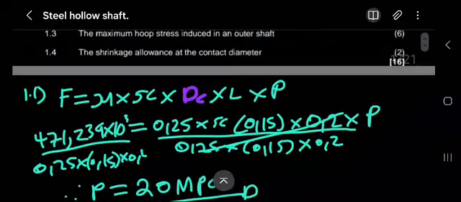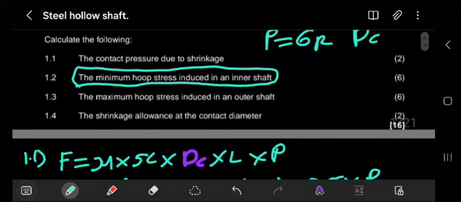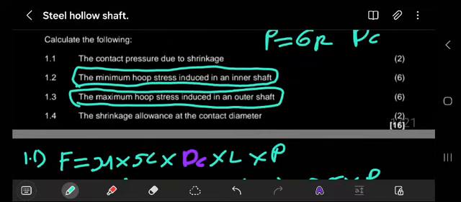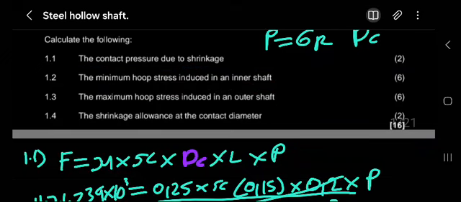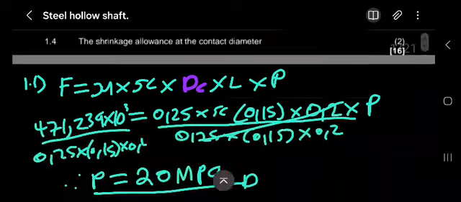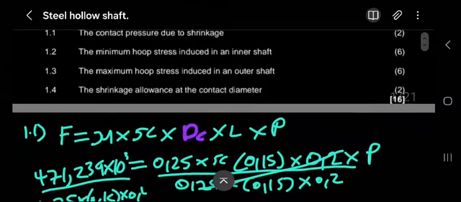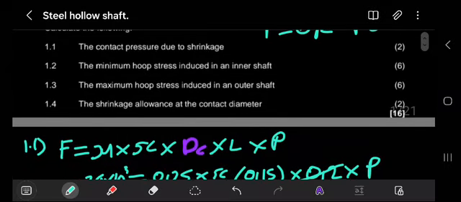Then what about the maximum hoop stress induced in the outer shaft? We're supposed to get A and B again. Remember, now it's the outer shaft.